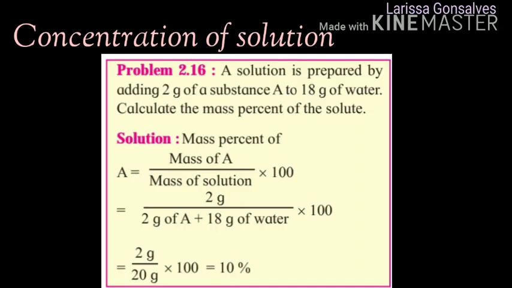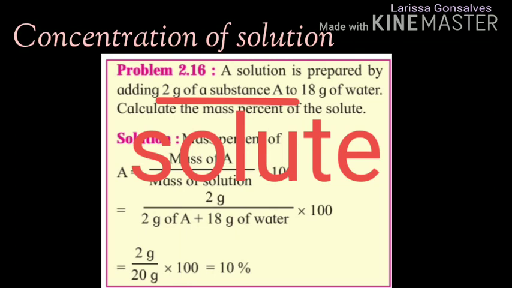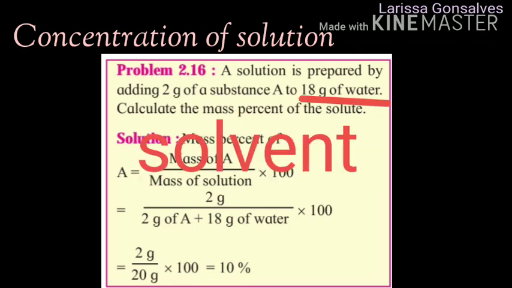Now we will consider this problem here to understand the mass percent. So the problem is, a solution is prepared by adding 2 gram of a substance A to 18 gram of water. Calculate the mass percent of the solute. So as I told you, 2 gram of substance A is going to be your solute and 18 gram of water is your solvent.